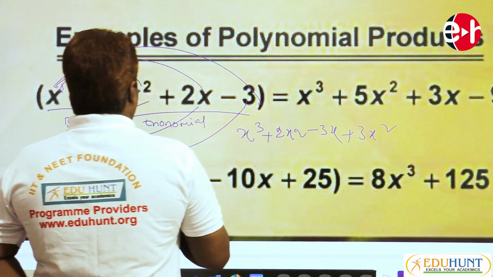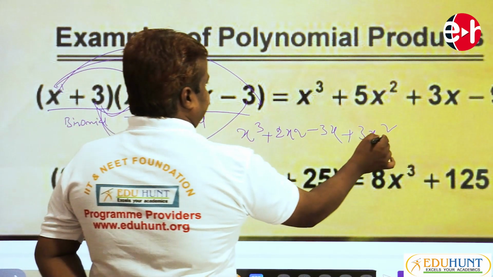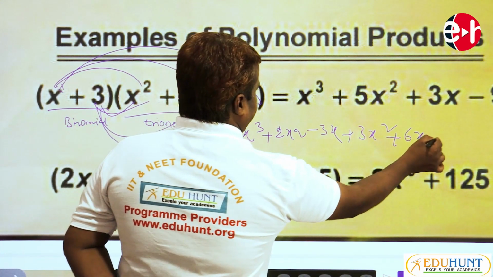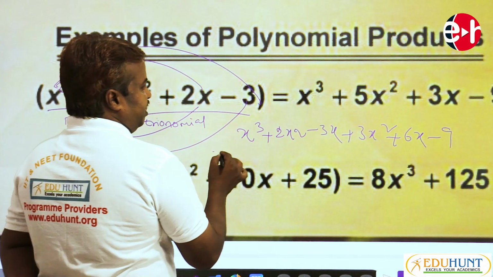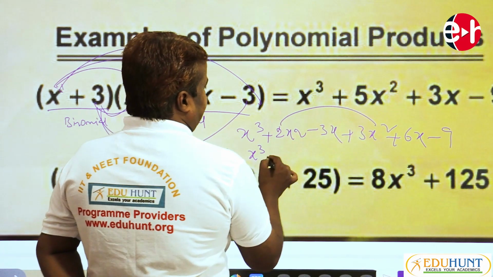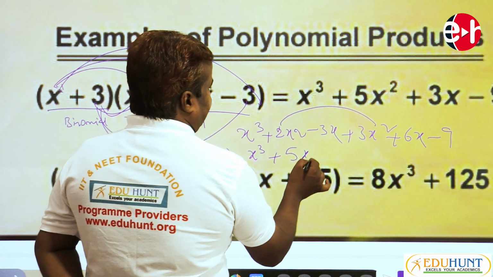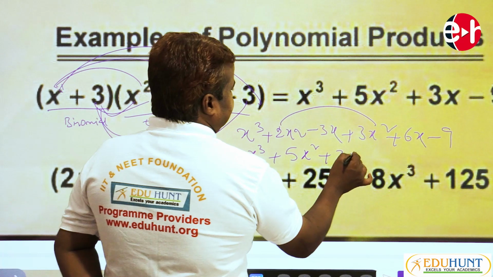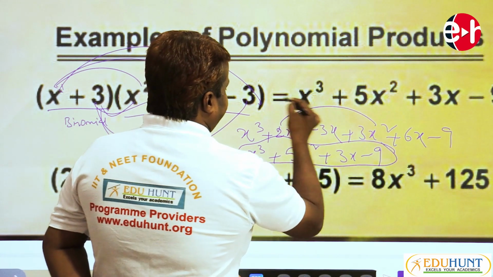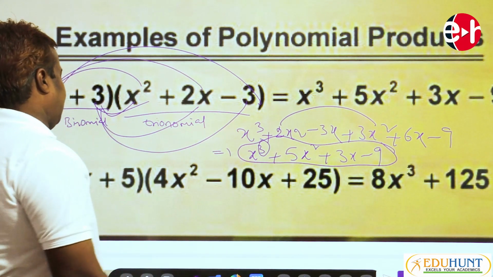Next, 3x square plus 6x. Now here minus 9. You may get x cube plus 2x square plus 3x square, 5x square plus 3x minus 9, which is called a polynomial having degree 3, highest power 3.